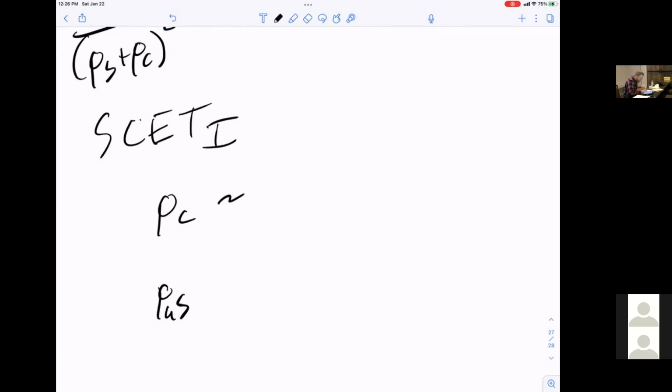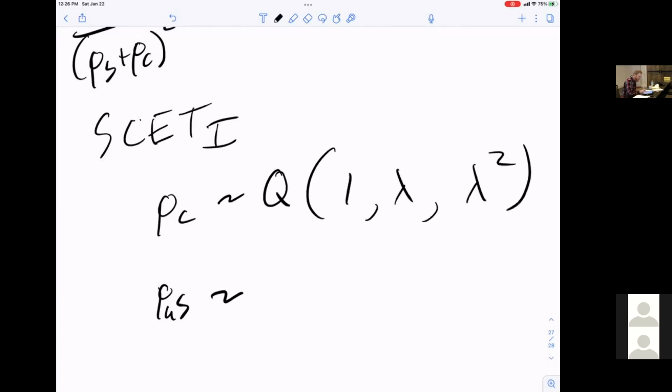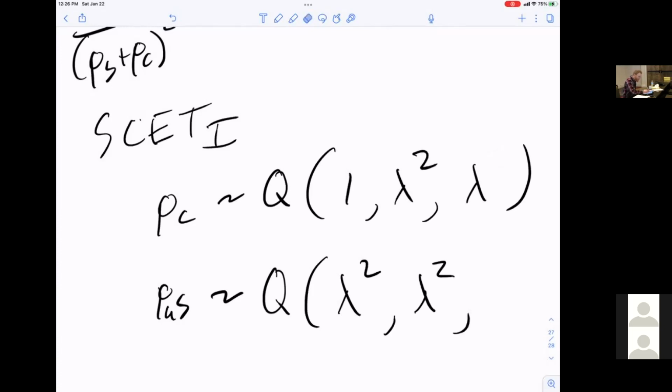In SCET1, I assigned this power counting. But that's just like columns.